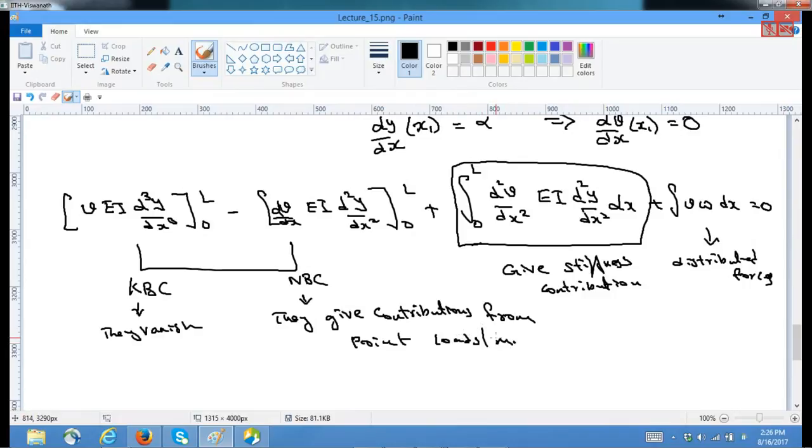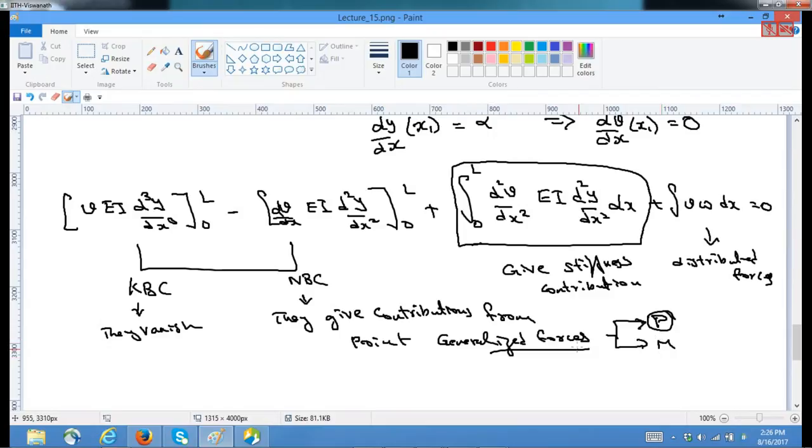or I will say point generalized forces. When I say generalized forces, both the P as well as M are called generalized forces. This is force, this is moment, but when I call generalized forces, I can call both of them generalized forces.